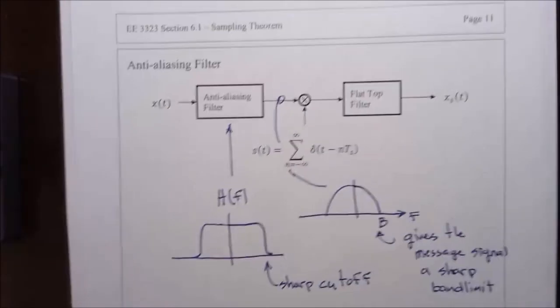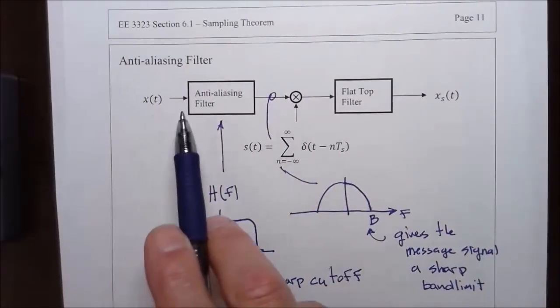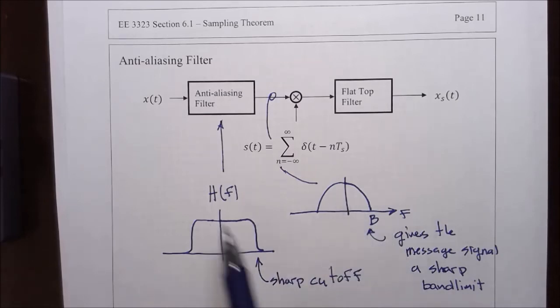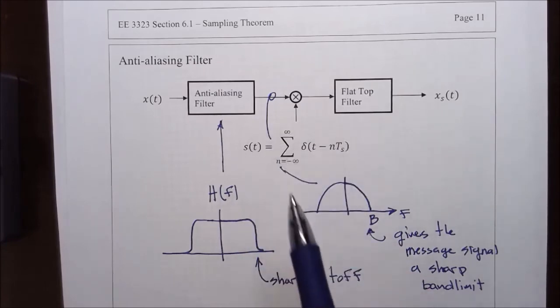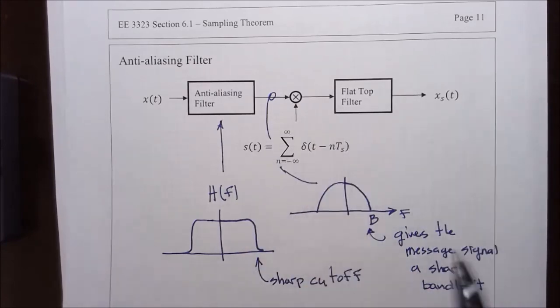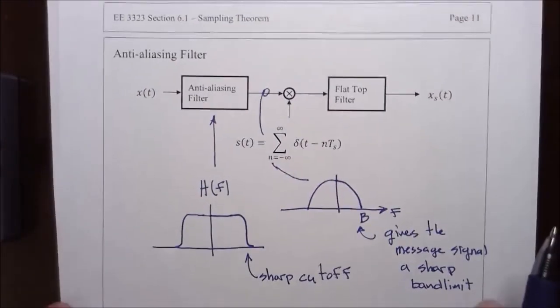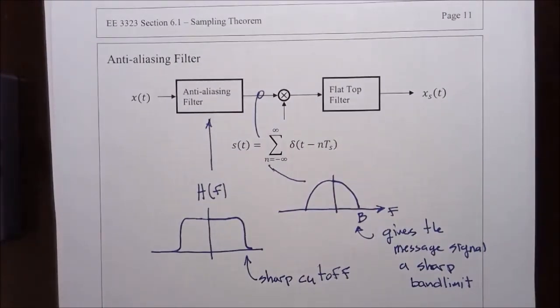So it is very common to take the message signal into an anti-aliasing filter. This is a low-pass filter that gives the message signal a sharp cutoff, and then that signal is sampled and converted. In the case of an analog to digital converter, it is converted to a digital signal.